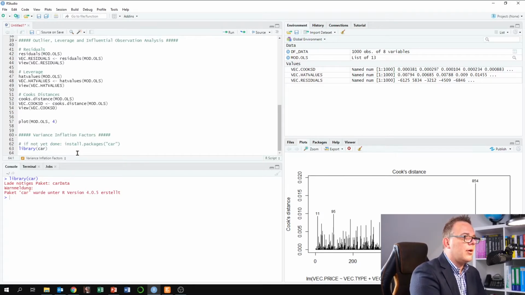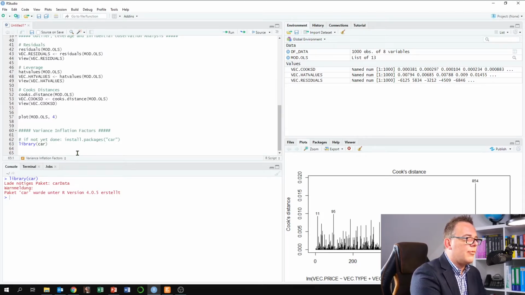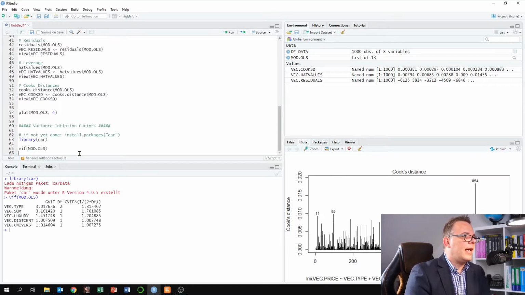Now, since we have installed the library, we can use the VIF, variance inflation factors command, and we have to hand over the model OLS. I run this, and here are our variance inflation factors. They are all below 4, so I don't have any problem with multicollinearity in my OLS model.